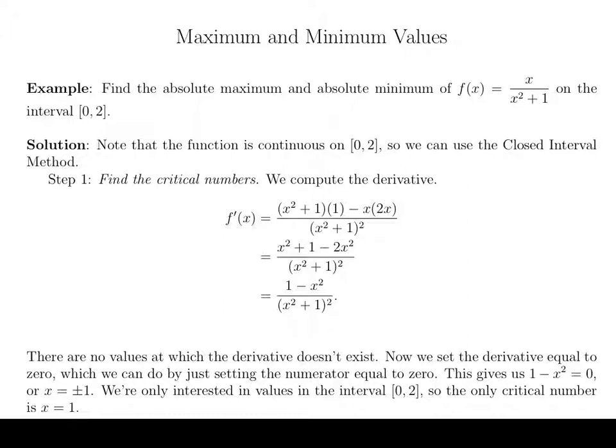And that's where we get this 1 minus x squared is equal to 0. If we solve that equation, then we're going to get x is equal to plus or minus 1. Now remember, we're only interested in the interval from 0 to 2, so we can actually ignore x equals negative 1. So the only critical number we get is x equals positive 1.